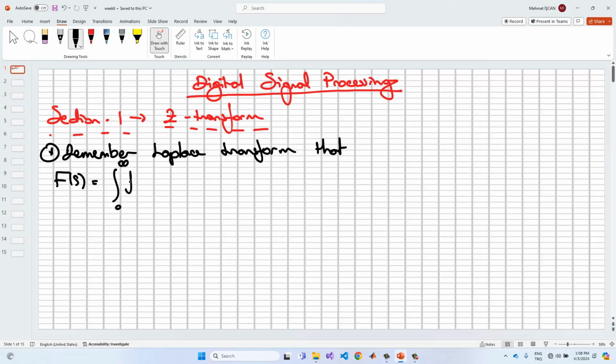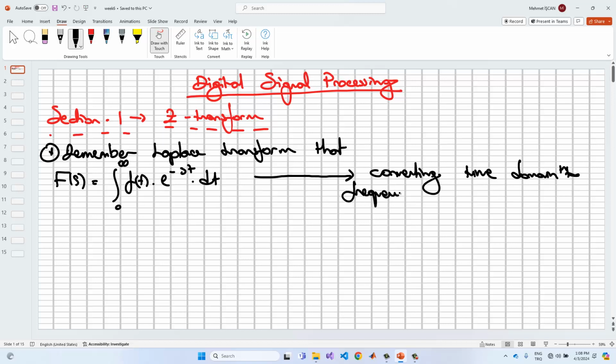And then we can apply any function here with the convolution pattern in terms of the exponential e to the minus st dt, and this returns the frequency domain or the frequency components. Okay, so first of all, this is converting the time domain into the frequency domain, right? One of them is that.